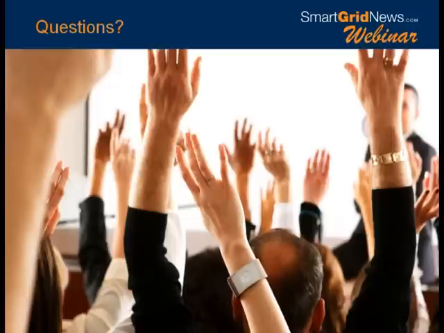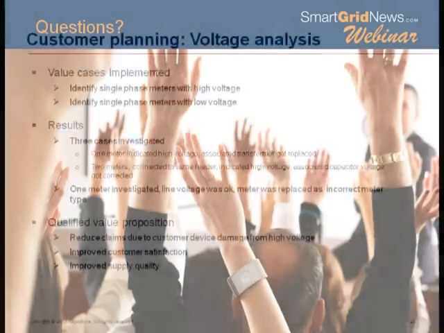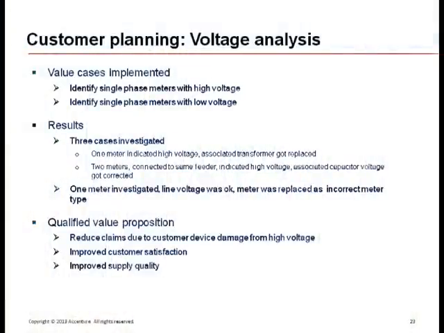Okay, so let's continue because Chandra's got some more great use cases, value cases to tell us about. Thanks, Jesse. So for customer planning business area, we did some voltage analysis wherein we identified meters with high voltage and meters with low voltage. A typical residential meter's line to neutral voltage range is 240 volt plus minus 5%, and this range can vary depending on the business requirement.